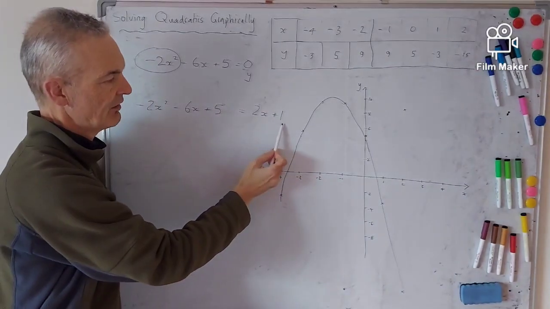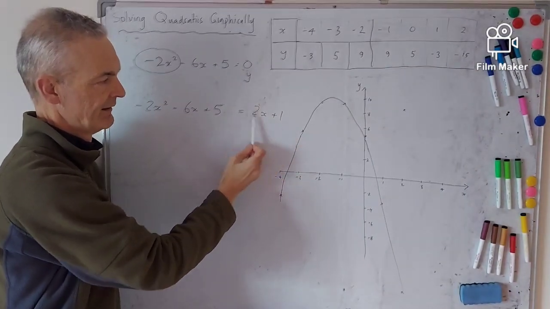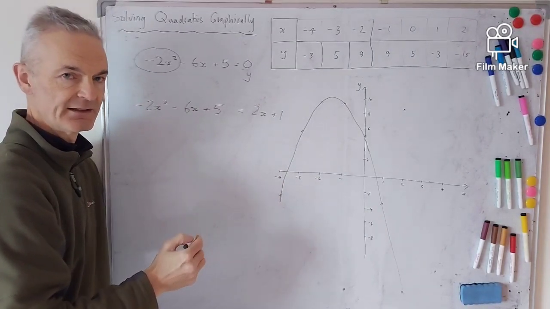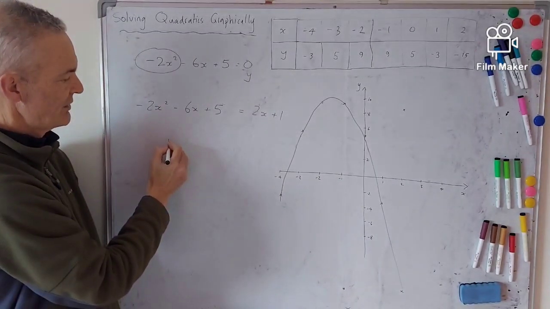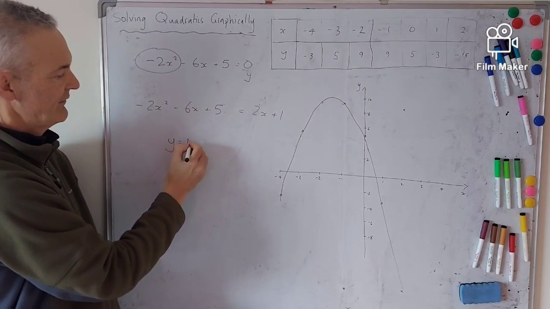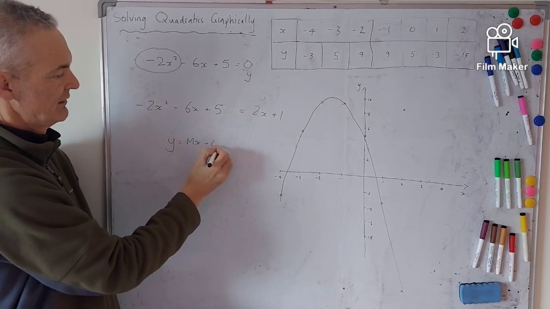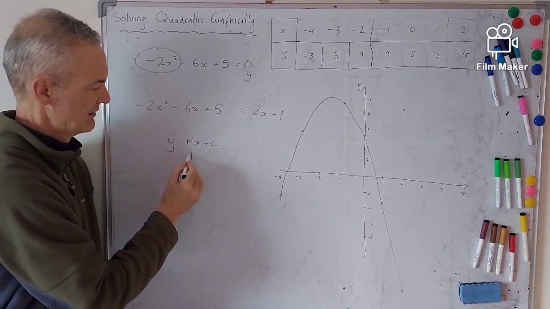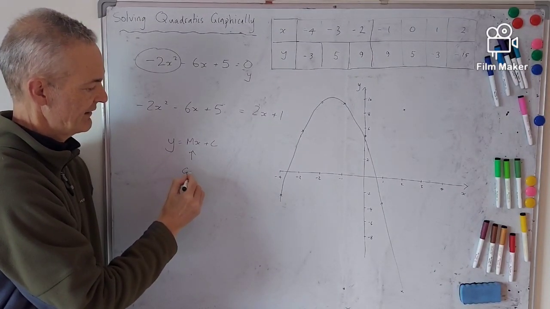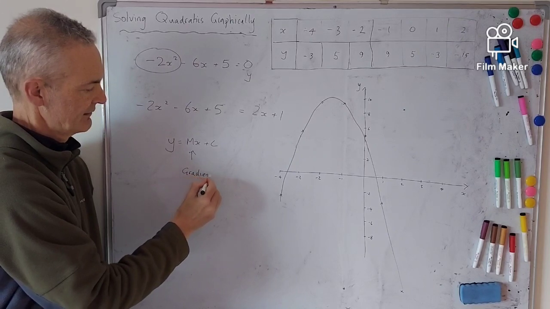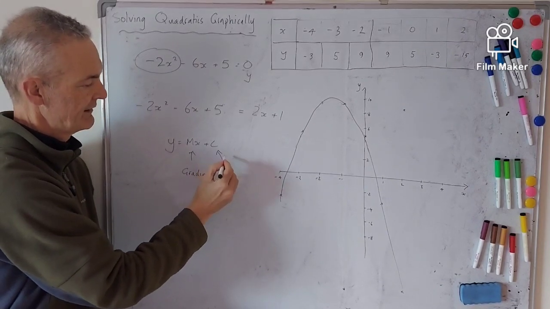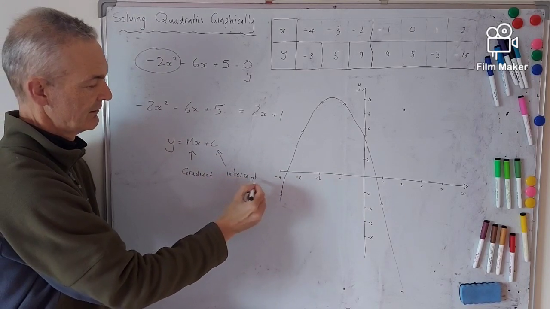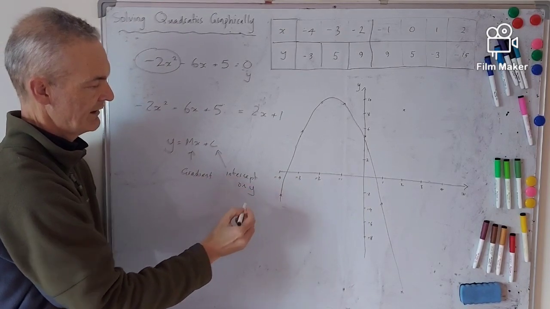Now hopefully you can spot what this is. It's the equation of a straight line. Now you should know that the equation of a straight line is of the form y equals mx plus c, where m is the gradient and c is the intercept on y.